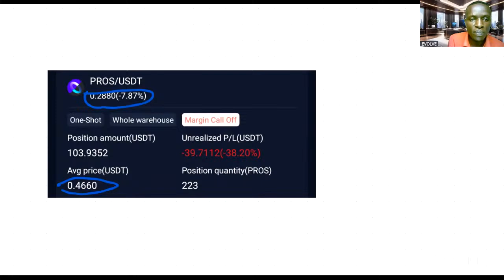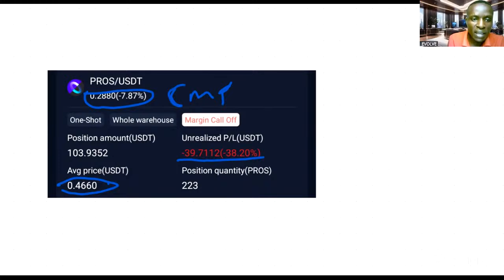When the average price is lower than the current market price, you are going to be in floating profit, or unrealized profit.